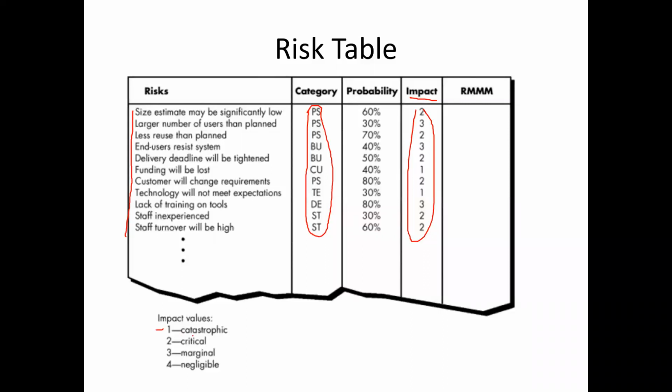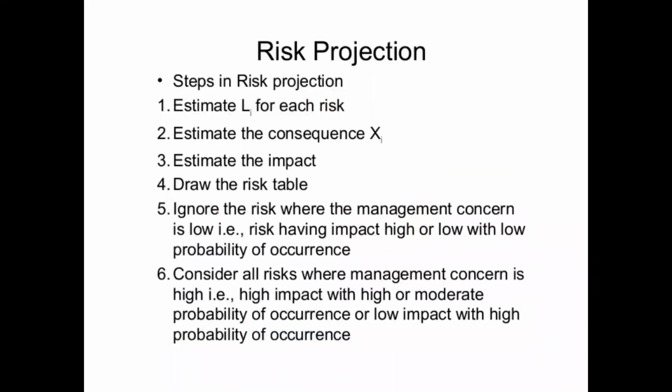I have given 1 for catastrophic, that means 1 is the very highest. Critical is lesser than that, but higher than marginal and negligible. So in this way, according to me, I decide what impact factor to give, and according to the impact factor number, I give that particular number. This risk table I have to give in the risk projection phase.